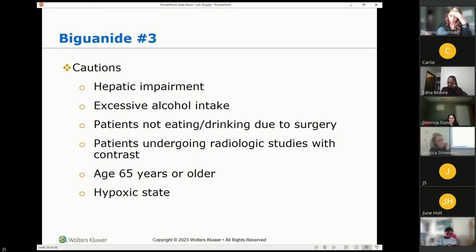If you have to receive contrast for a CT or MRI, you have to withhold metformin for 48 hours, 24 hours before and 24 hours after, which are a total of 48 hours. That is very important.